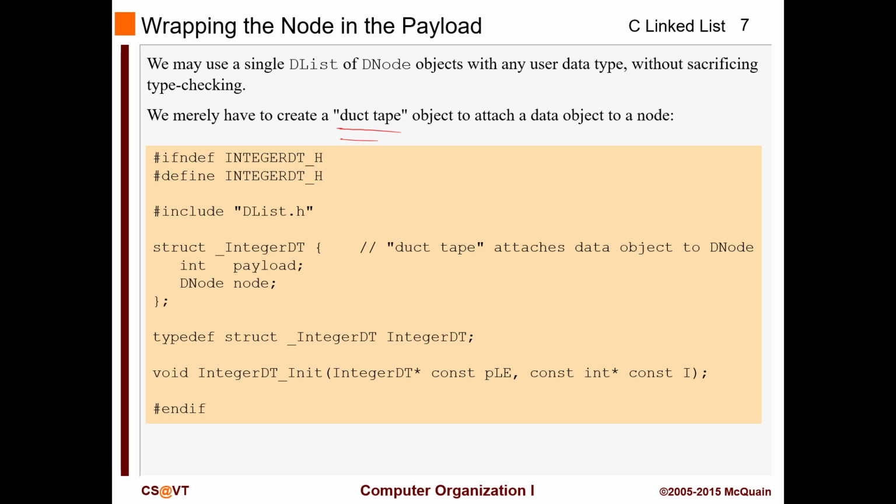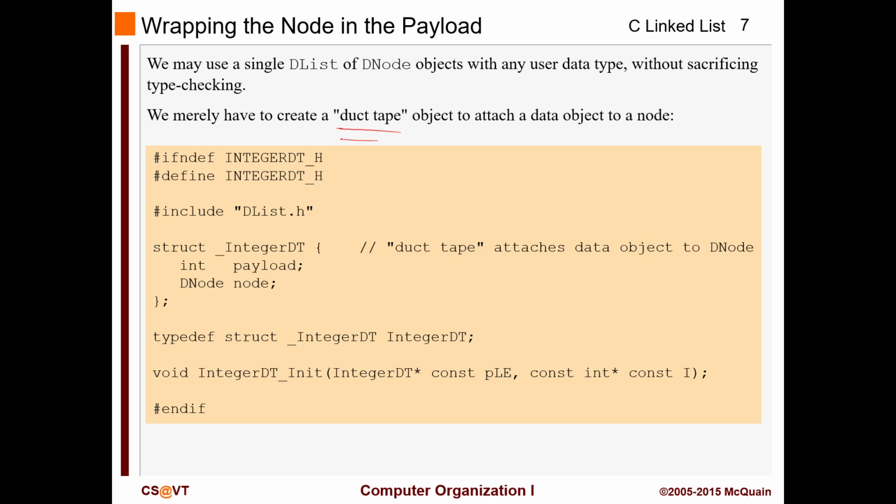Yeah, that name is super weird, but that's what we have decided to call it. We may use a single DList of DLNode objects with any user data type without sacrificing typecasting. We merely have to create a duct tape object to attach a data object to a node.